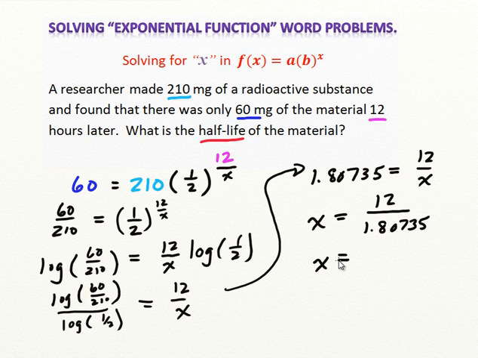Solving that on your calculator, you get x equals 6.639, or if I was just to round, x equals approximately 6.6, and I look back for the unit of time, they were talking about 12 hours later, so this is 6.6 hours.